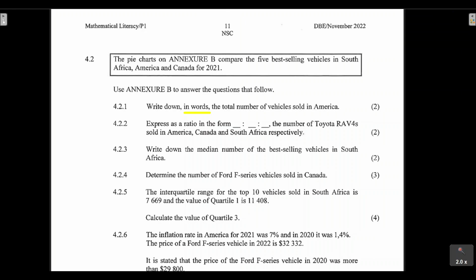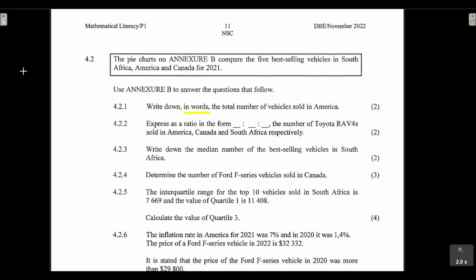Question 4.2.2. It says express as a ratio in the form of something to something to something the number of Toyota RAV4s sold in America, in Canada, and in South Africa, respectively.